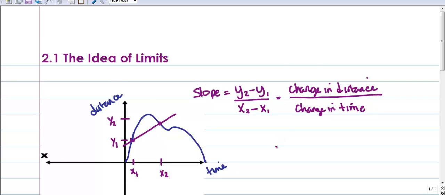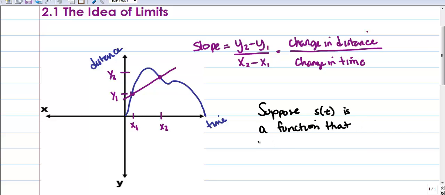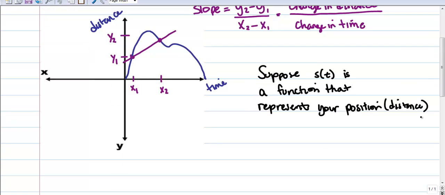And so if we want to know the average velocity, we're going to suppose s of t is a function that represents your position, really your distance. So t is time and s is your position or distance.